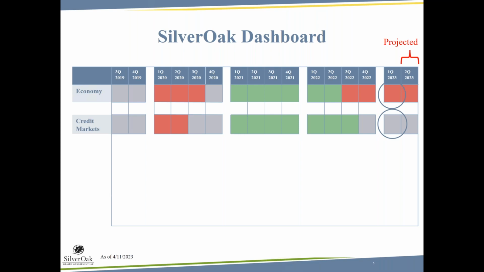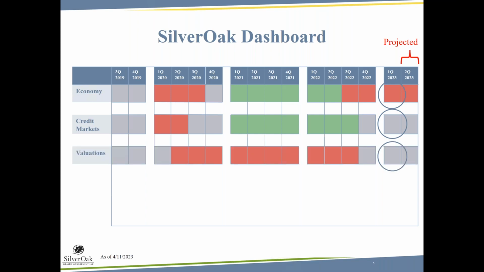Credit markets are another one of the 4 major components. And as with last quarter, that has remained neutral, and we expect will continue to be neutral. Valuations also have remained neutral.